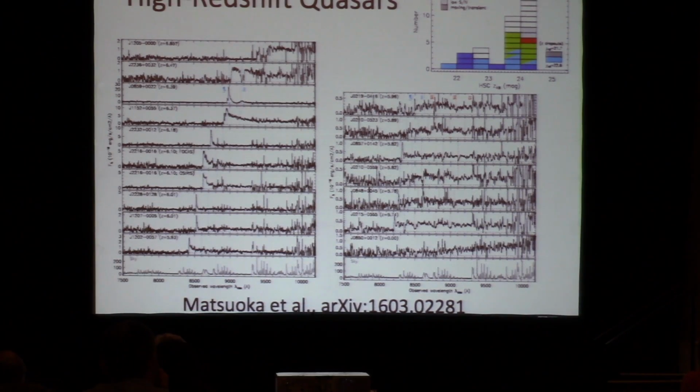And I think there's about 7 or 8 papers from HSC now that are, if not submitted, then at least circulating around the collaboration, about to be submitted. Here's one from Matsuoka-san, who has been leading the charge on high redshift quasars. And one of the annoying problems is, again, that this telescope is just too big. So here's a histogram of what we're finding.